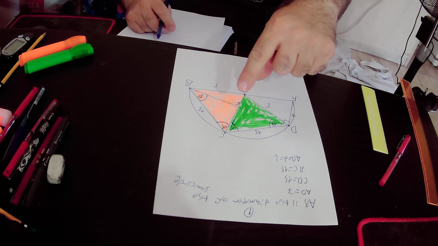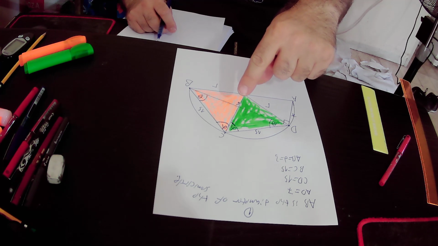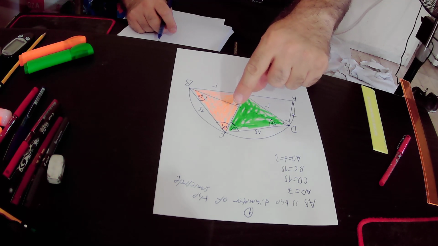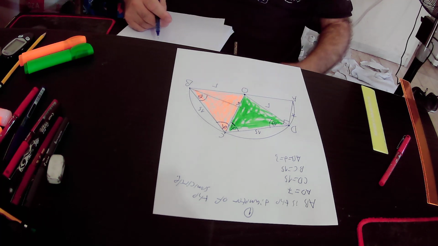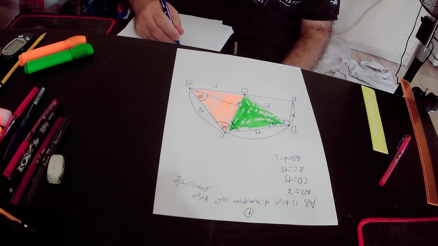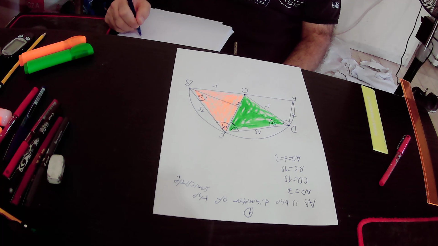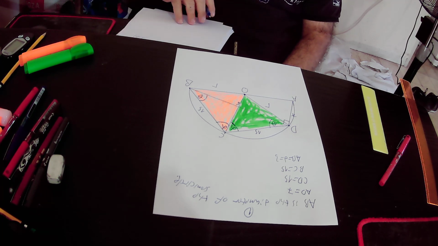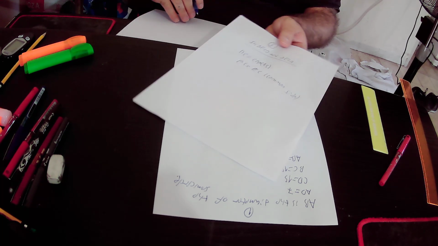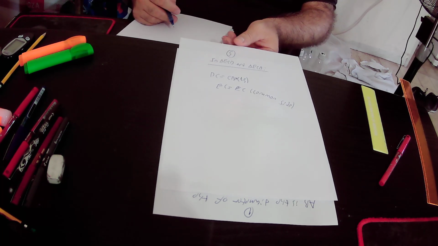It belongs to the green triangle, triangle ECD, and also side EC belongs to the orange triangle, triangle ECB. So EC equals EC.